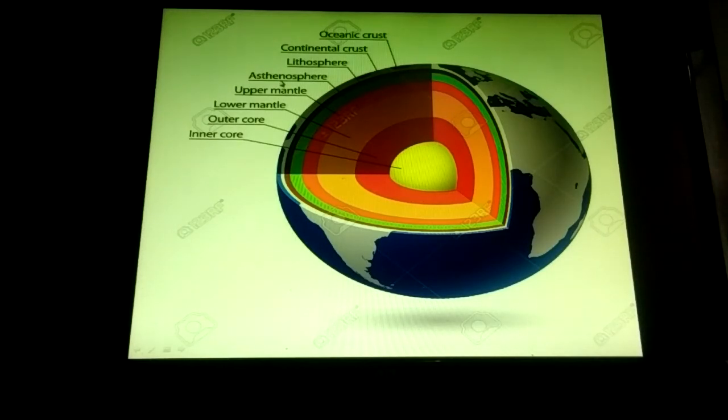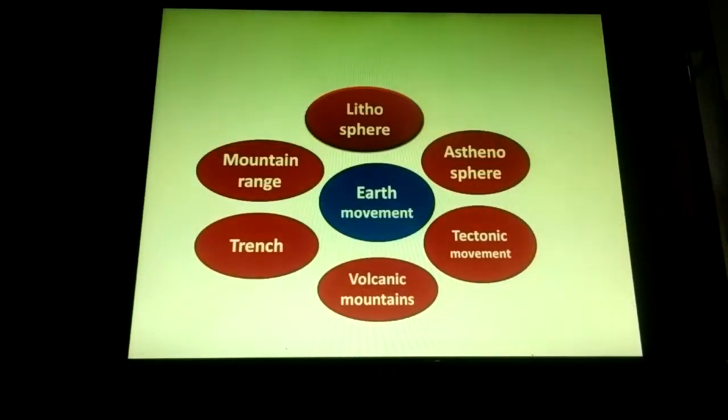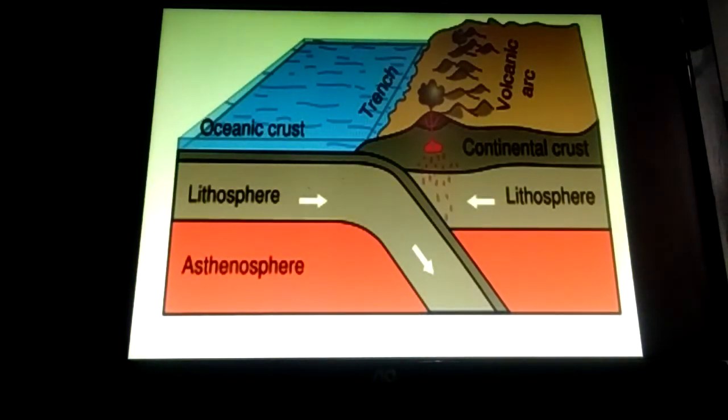It is the part of the mantle that flows and moves the plates of the earth. So these lithospheric plates move independently over the asthenosphere.